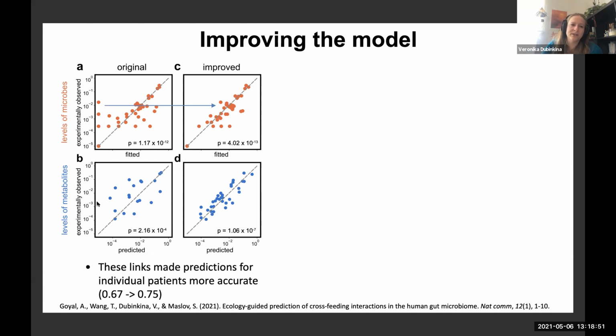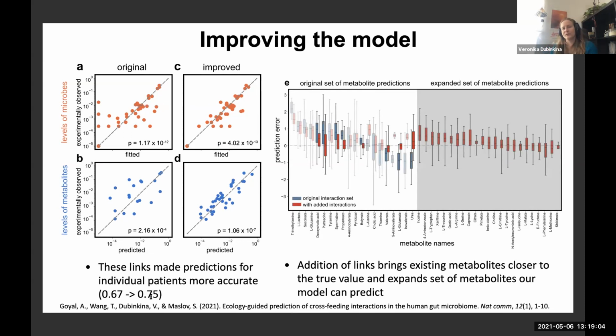Our metabolite predictions also became better, and we actually reached a 10% improvement in our accuracy. It went from about 0.67 to 0.75. And an even more important part of this proposed machine learning procedure is that we were able to expand the list of metabolites that our model can predict, because now we can add production links to those metabolites and use them to predict their levels.